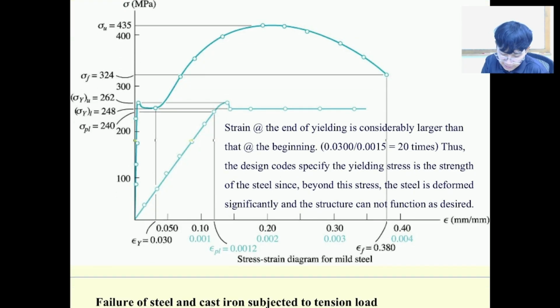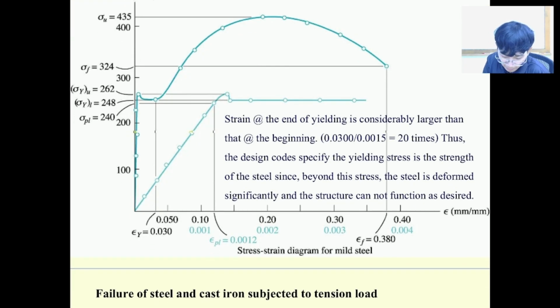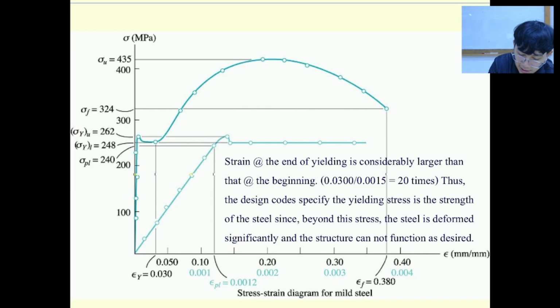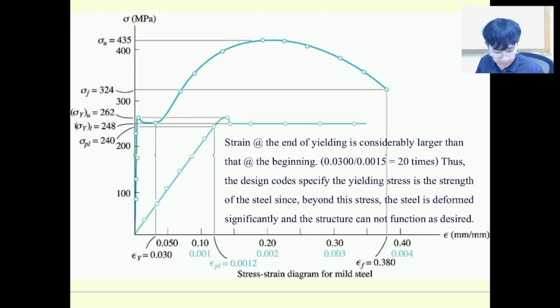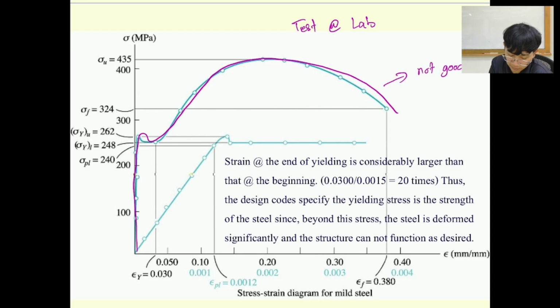One thing to note is just the scale. For example, if you pick one sample and test it at any lab, but they give you only the data for the big one over here, you can just assume a similar thing for the lower scale.